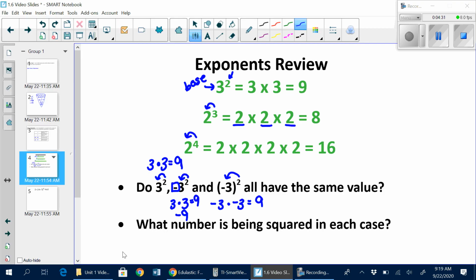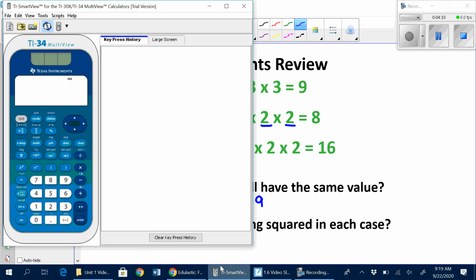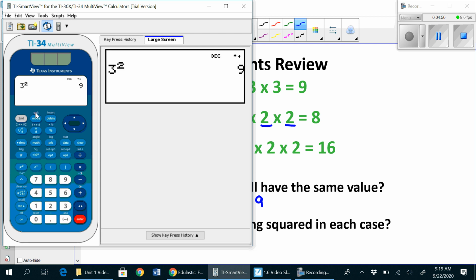Now just to show you on the calculator, okay, if we enter what we were just talking about, I'm going to click 3 and the exponent of 2, which squares it, so that's 3 squared. And if I hit enter, I get an answer of 9. Now I'm going to put in negative 3 squared, and if you see, I get an answer of negative 9 like we said.